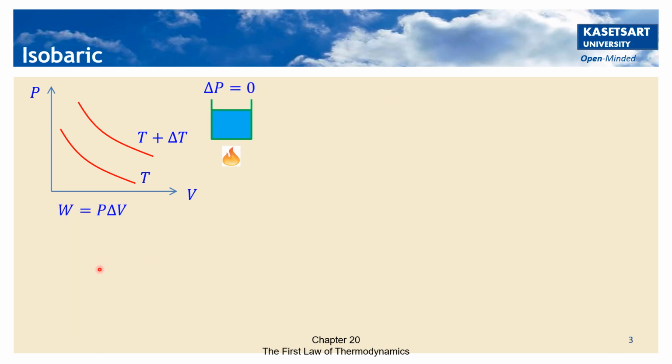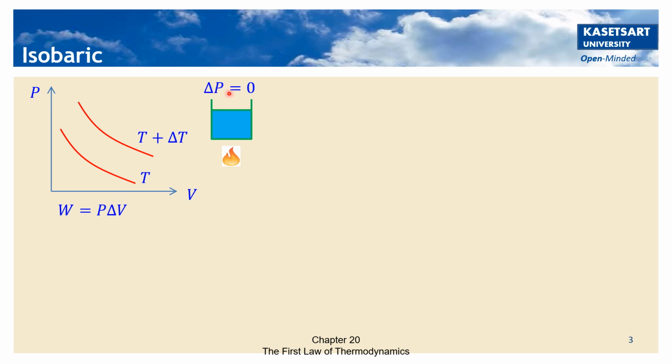The second type of thermodynamic process is isobaric. If we consider a system that you heat in an open chamber, something like that, then the pressure does not change because you heat it in the open air.